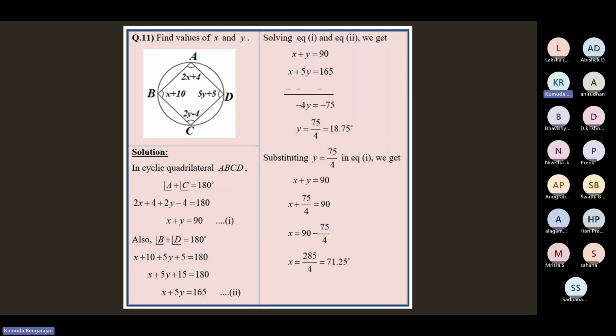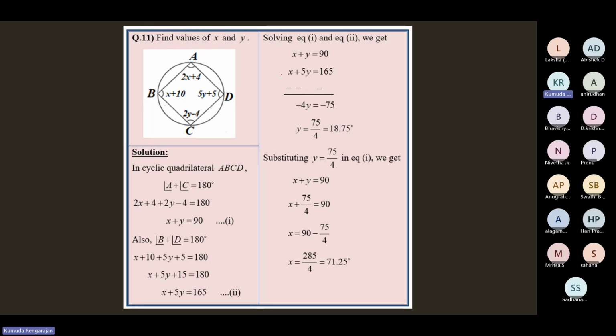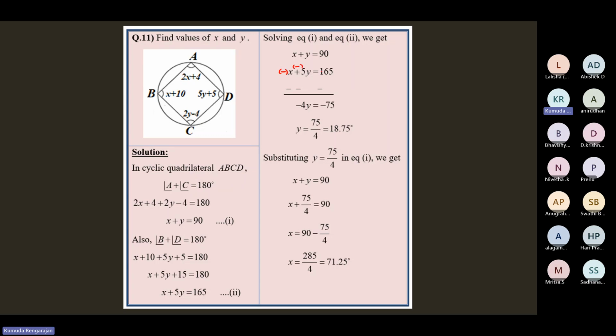The lines which you see here are the changed signs, children. You don't have to write it like this; you please do it here. Plus becomes minus, and this plus becomes minus. So plus x minus x gets cancelled. In order to cancel, you have to change the signs.